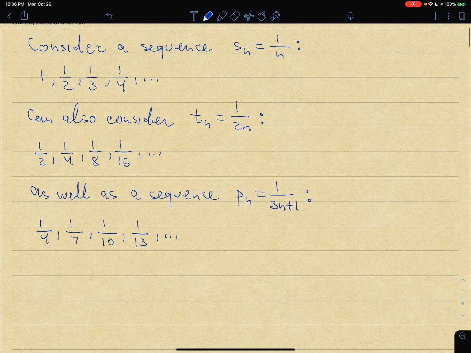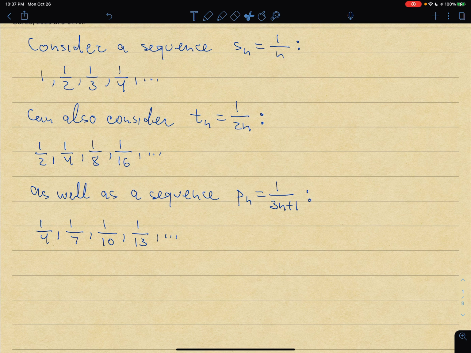Is there anything between these sequences that is going to be in common? Are any terms of these sequences common between them? If I look at Sn, Sn is 1 over any integer. So then Tn is 1 over any even integer.